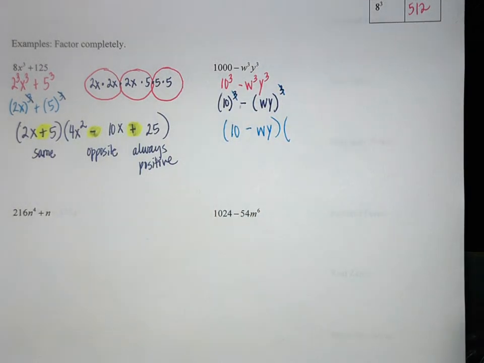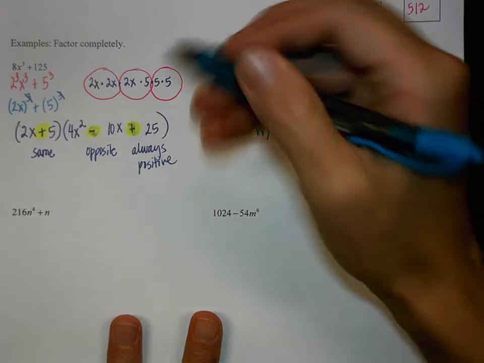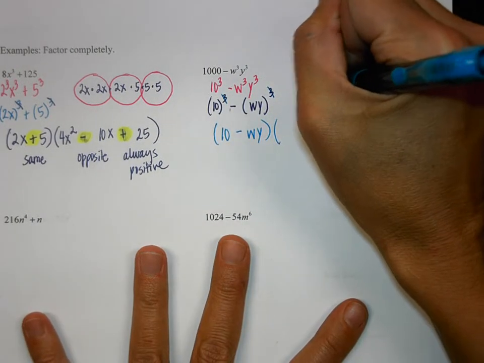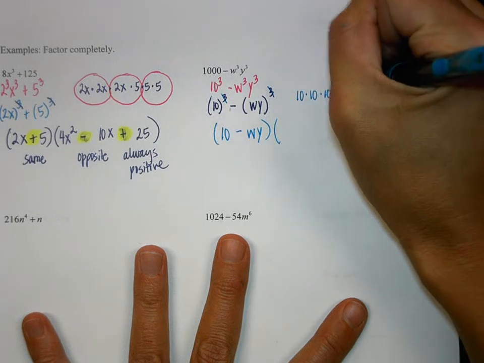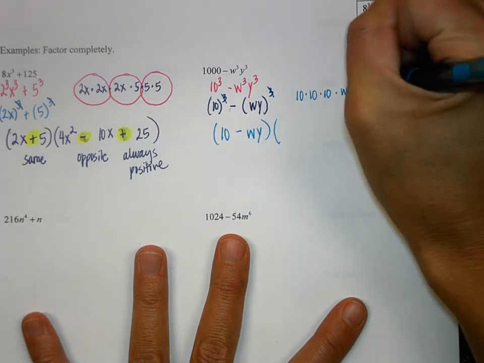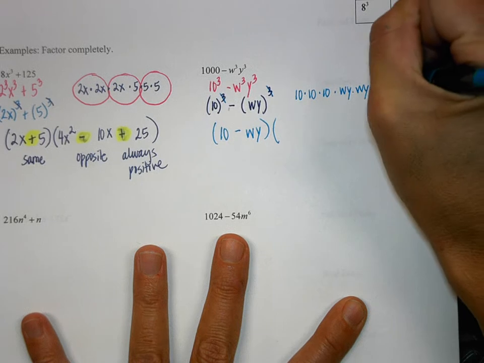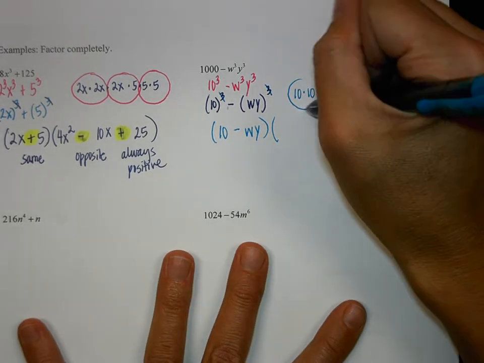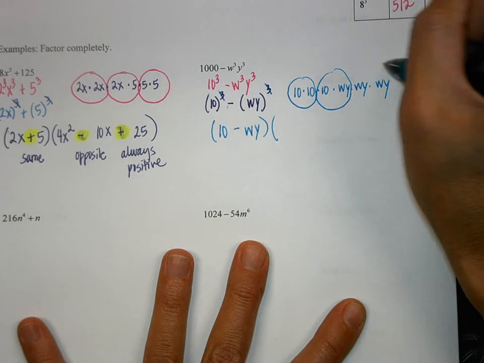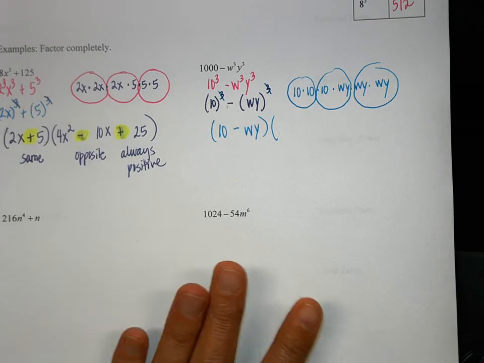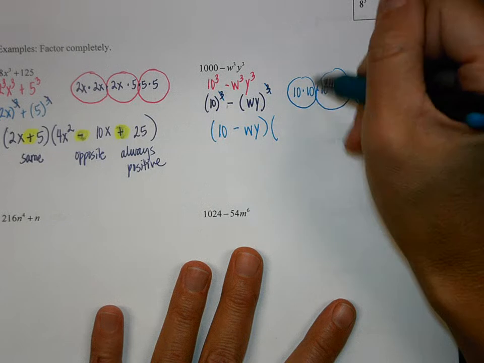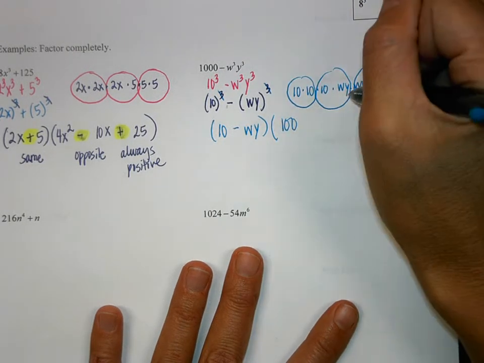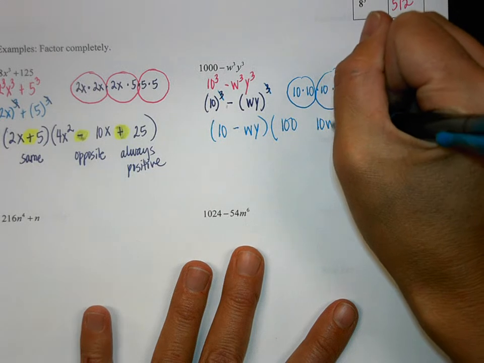In order to get the second parenthesis, we write out each of these cubes. So we have 10 times 10 times 10 times wy times wy times wy, and we group them in 2s. And then we multiply them together. 10 squared, or 10 times 10, is 100. 10 times wy is 10wy.